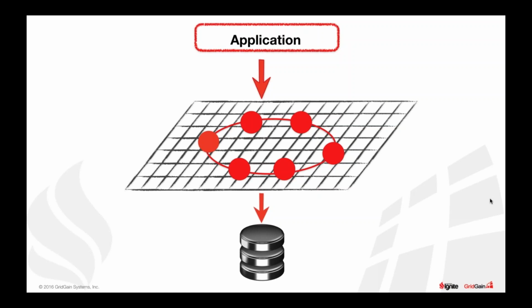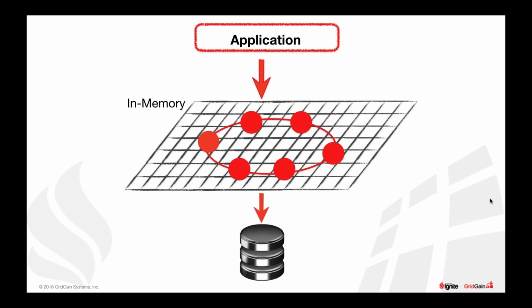There are a number of features built into Apache Ignite that I'd like to talk about so you have an understanding of where you can use it and why. Traditional applications speak directly to the database. Apache Ignite and GridGain Enterprise fit right in between your application and your system of record.